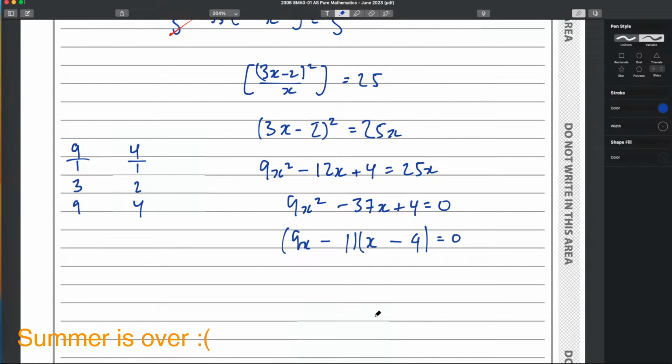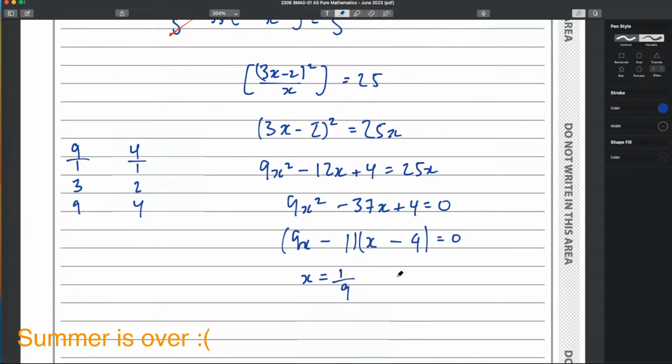Yeah, that's fine. 9 times 9x squared, take 36 take 1 is negative 37 plus 4. Cool. Well done, guys. You were just way too quick for me there.